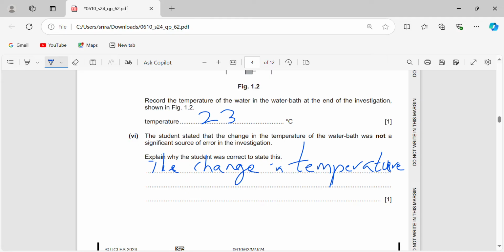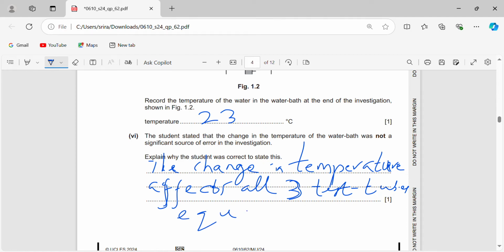The change in temperature affects all 3 test tubes equally.